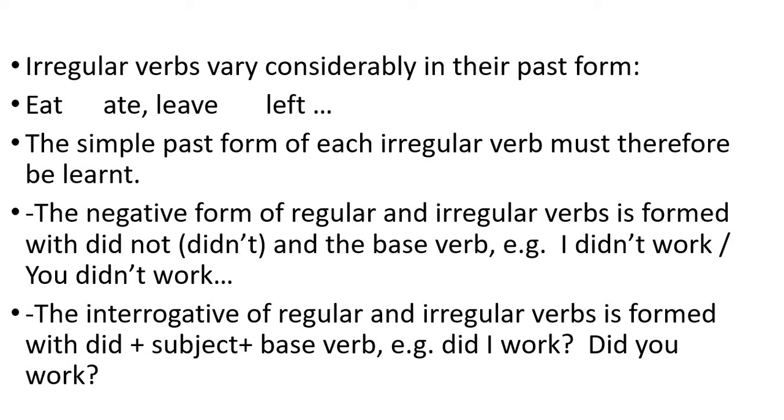We have only did for all the pronouns. Okay? And this is formal, and this is not formal, and also we use it in spoken English. This is the contraction. For example, when I want to say the negative, I say, I didn't work. You didn't work. They didn't work.